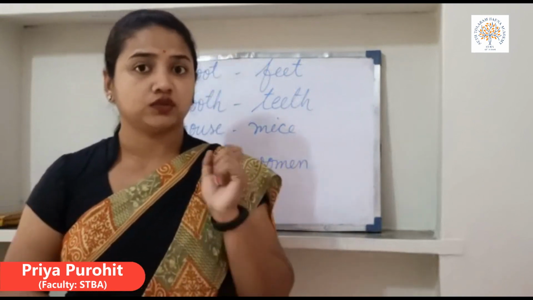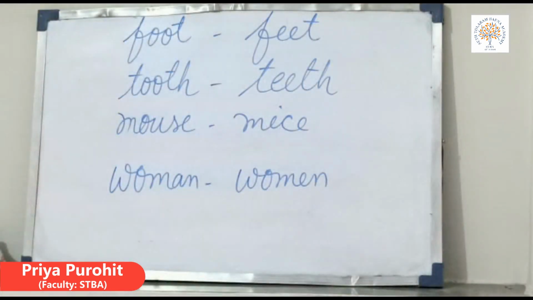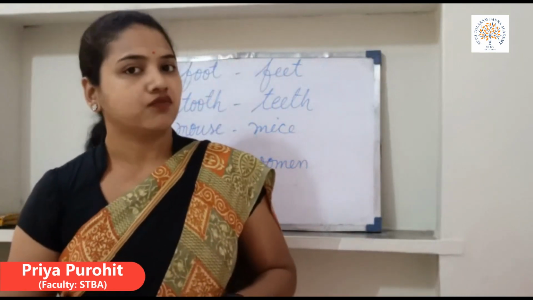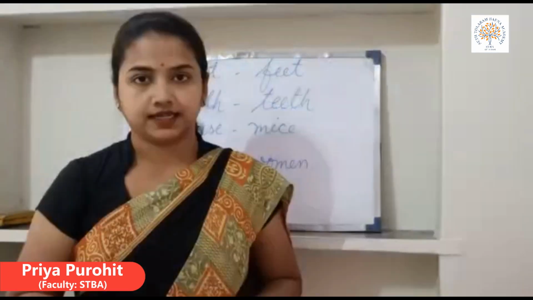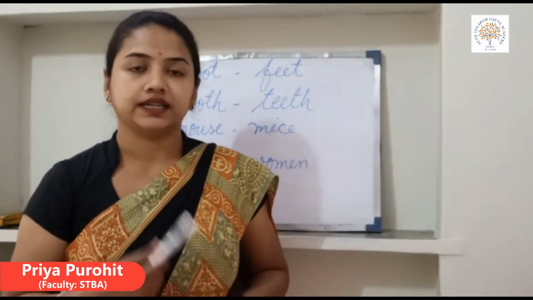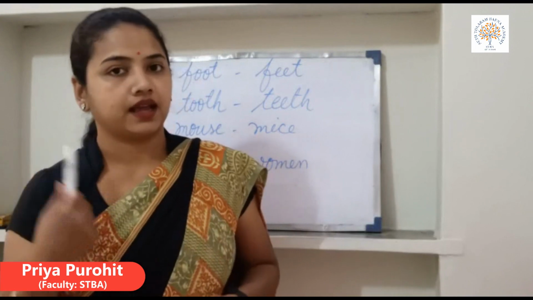If we want to say more than one, we will say teeth. And next is mouse, which is singular, and in plural form it becomes mice. Next one is woman, and in plural it becomes women. Here we change the a into e.